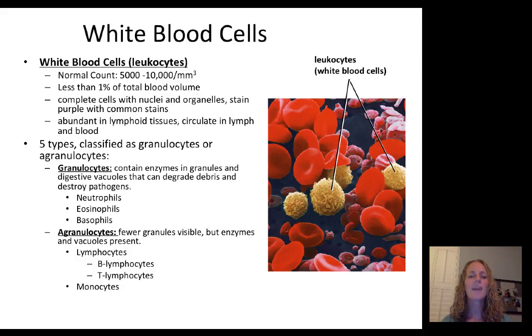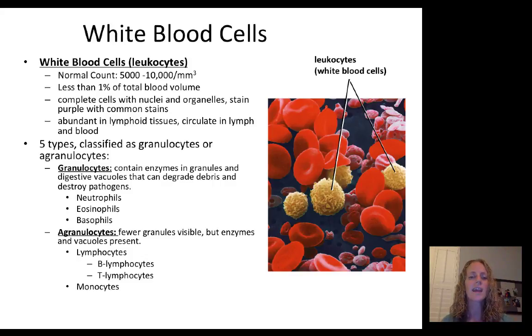There are 5 types of white blood cells. Histologically, we can look at the appearance as being grainy or less grainy, and we will then classify them as granulocytes or agranulocytes. So the granulocytes look grainy because they contain enzymes in these granules and digestive vacuoles that help to degrade debris and destroy pathogens.